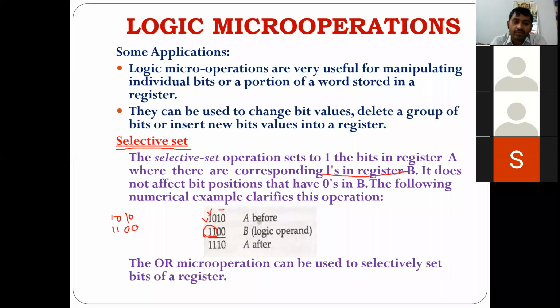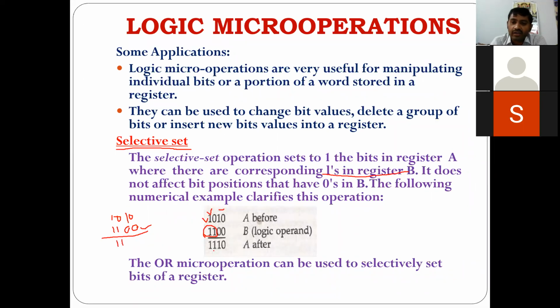Wherever B has ones, only in the corresponding places will A be set. So 1 1, see here, 1 1, right? And this one will not be disturbed because it is 0. So wherever B has ones, the corresponding bits of A will be set to 1.